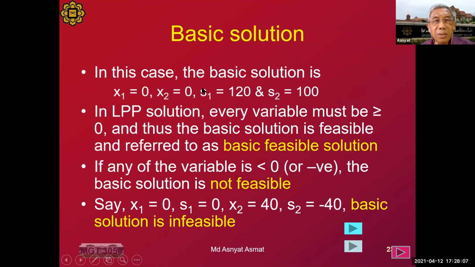We cannot have any of these negative. So the basic solution is a feasible solution. If we get all non-negative values, we refer to this as a basic feasible solution.